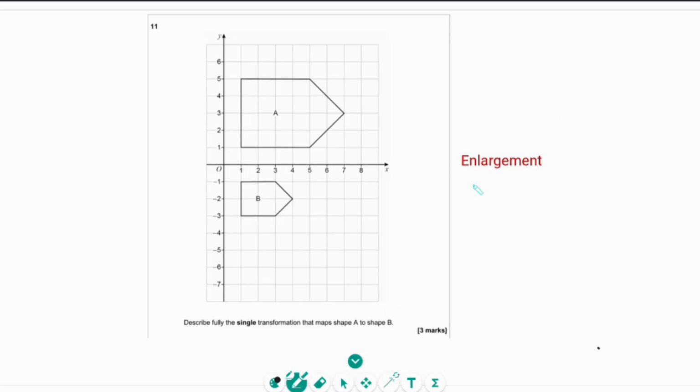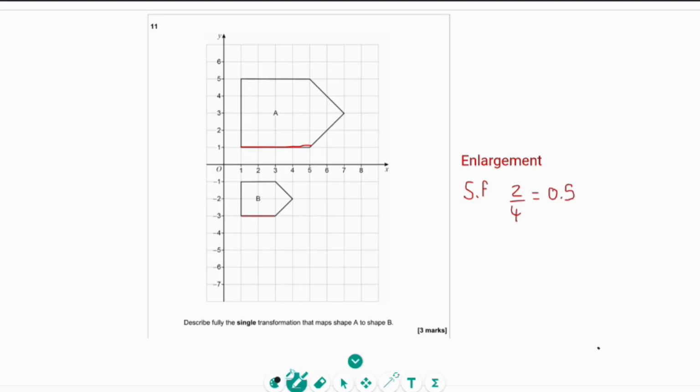For an enlargement, we need the scale factor and the centre of enlargement. The scale factor that maps shape A to shape B. To find the scale factor, we need a length of the enlarged shape divided by the same length of the original shape. 2 divided by 4 is a half, or 0.5.